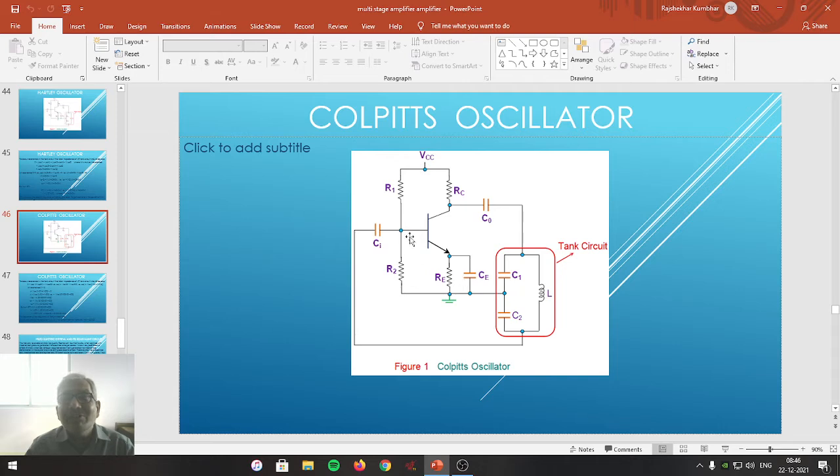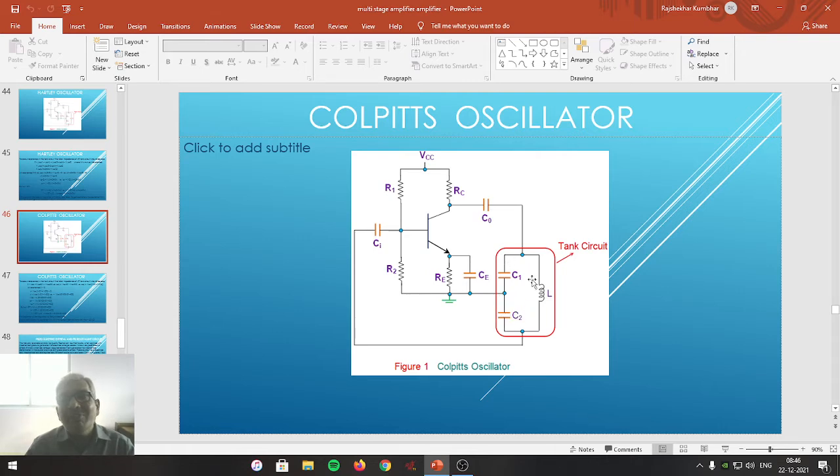Again, the emitter base junction is forward biased and the transistor is turned on, allowing collector current to pass through the load resistance, which will be again coupled back to the tank circuit. In this case, the magnetic field is converted into electrostatic charges.